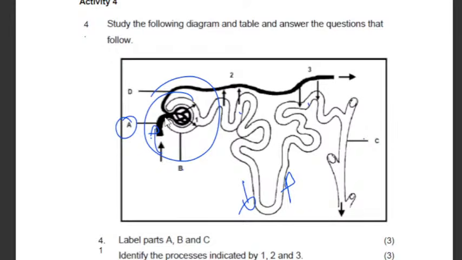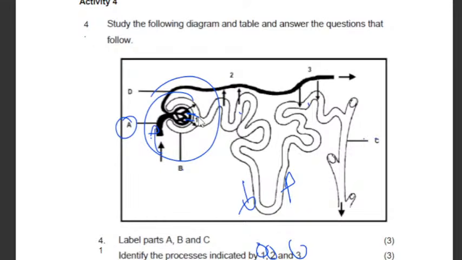So it is the afferent arteriole. B is Bowman's capsule, explained it, and C is the collecting duct. Then, identify the process that happens in 1, 2, 3. Where's 1? This is ultrafiltration.